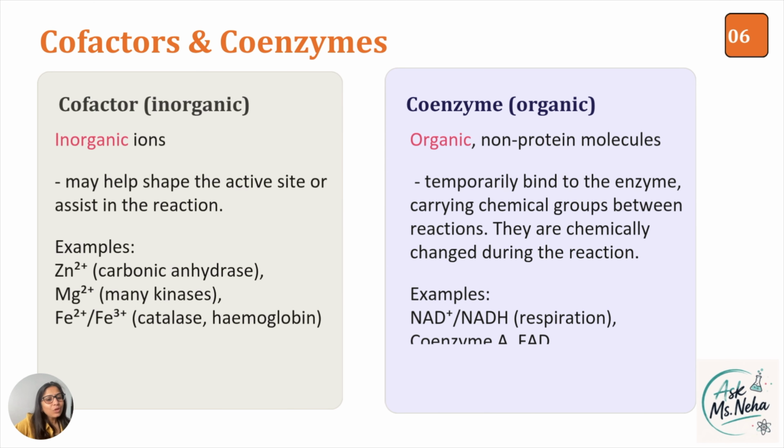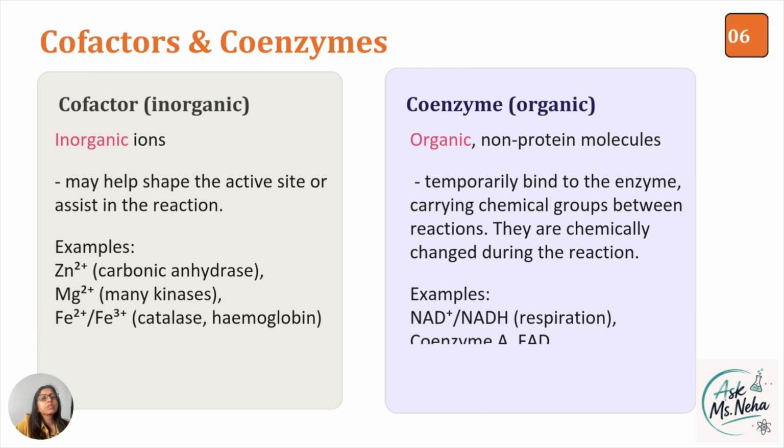Lastly, we reach cofactors and coenzymes. As the name suggests, there is co in it. So they work in coordination, they are cordially related to the enzyme. These are certain molecules which are necessary for the enzyme to function. We have two categories for them. Cofactors are inorganic molecules, so they are not made of carbon but other elements like zinc, magnesium, iron, and they help shape the active site and assist in the reaction.